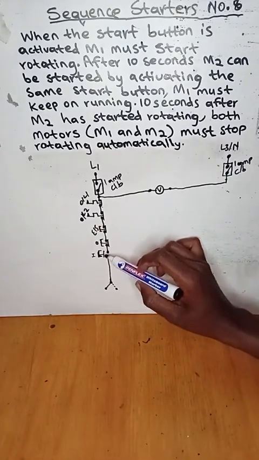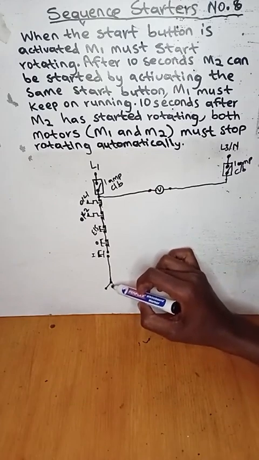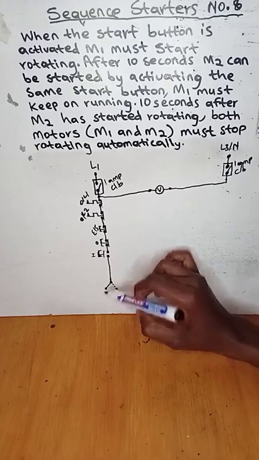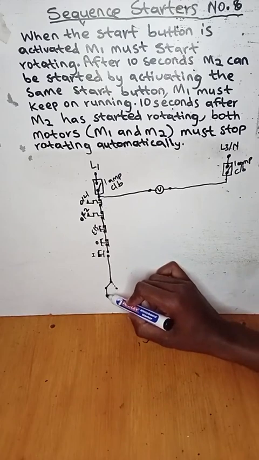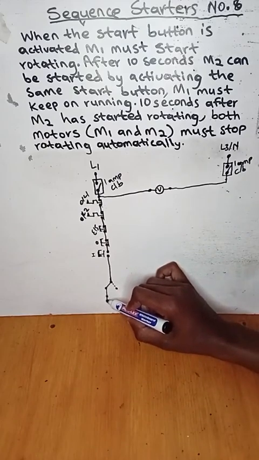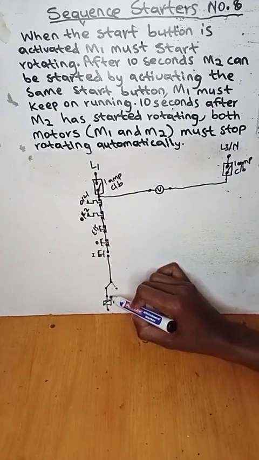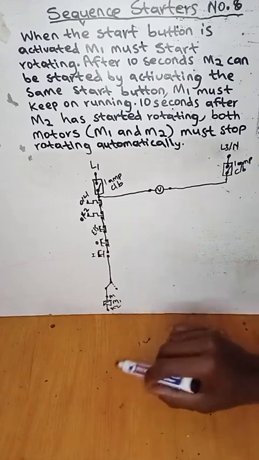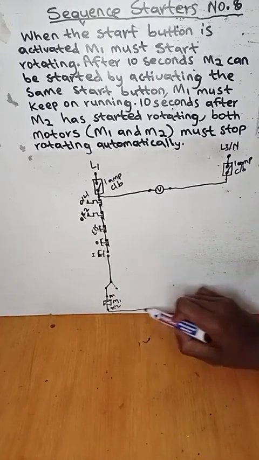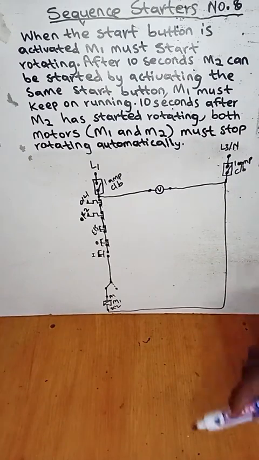So when I press the start button, current will flow down and flows here to the closed contact, in which it must energize the coil of motor 1, A1, A2, and all the way to our live 3 or our neutral.